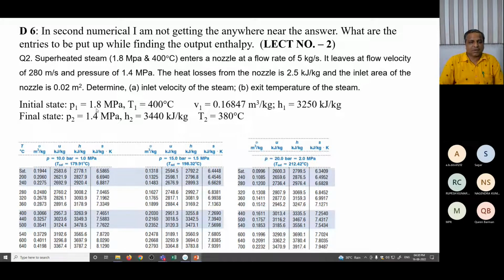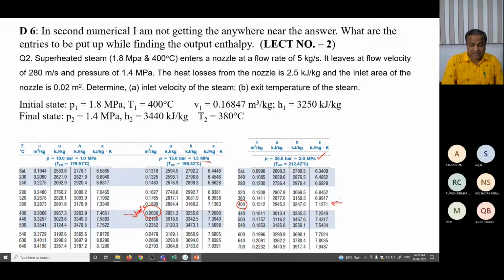So 1.8 megapascal falls in the range between these two tables, and 400 degrees centigrade lies here for 2 megapascal and here for 1.5 megapascal. So you have to use this row and this row.